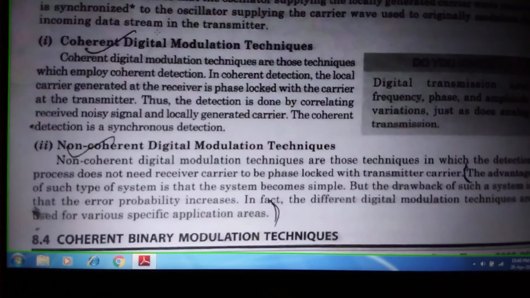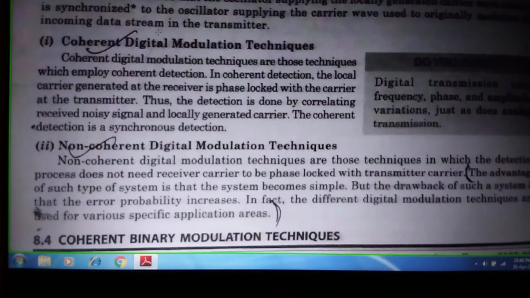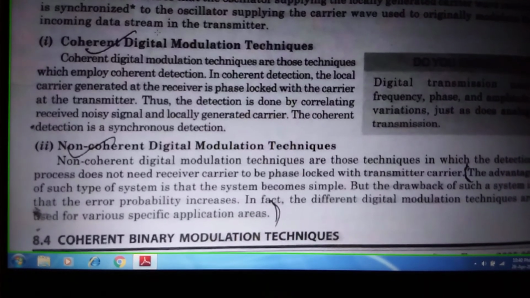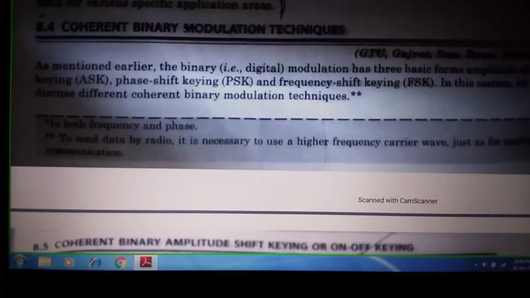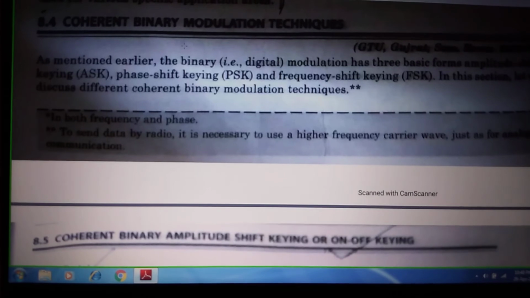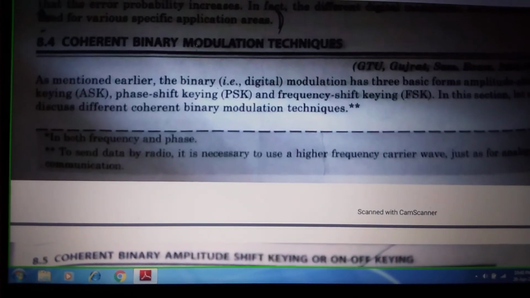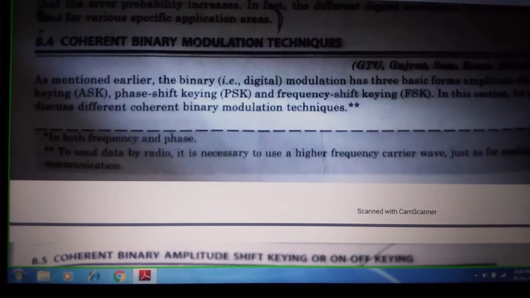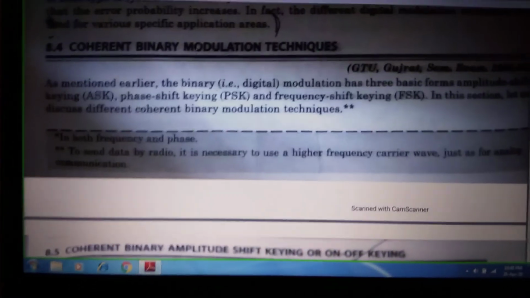But the drawback of such a system is that the error probability increases, because no synchronization will happen in a non-coherent digital modulation scheme. Now we will begin the topic of coherent binary modulation techniques. Today we will just see the basic definition of coherent binary digital modulation. That means the transmitter as well as the received clock pulses should be synchronized.